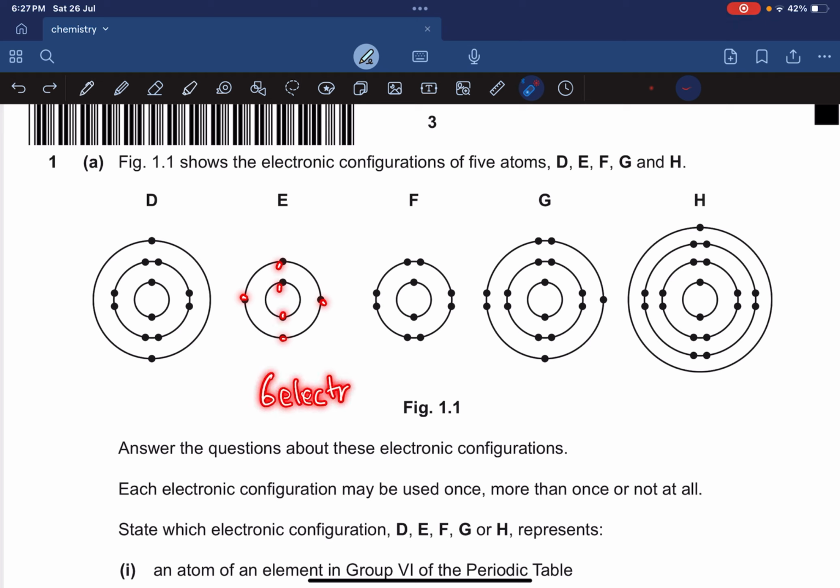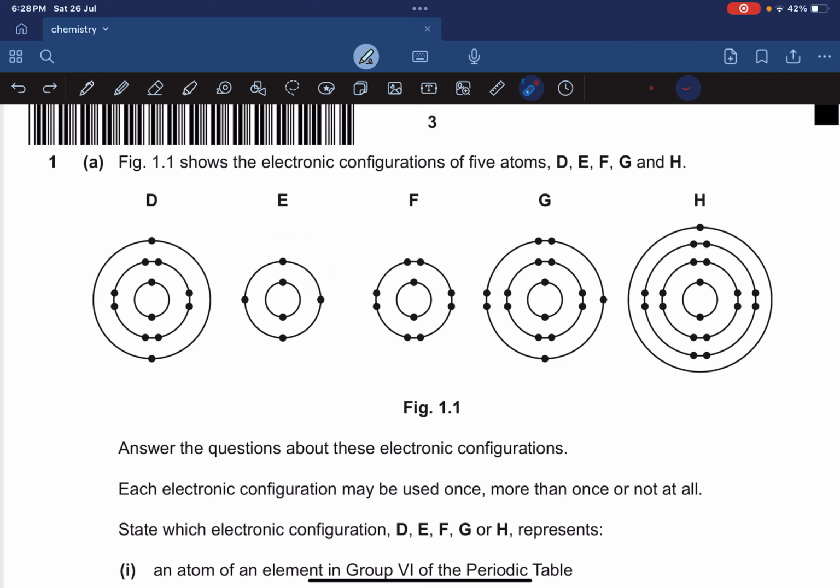I know that in a neutral atom I have the same number of protons as electrons, so I have 6 protons because this is an atom, not an ion. I go to the periodic table and check which atom has 6 protons, and that's my carbon atom. So this one right here is carbon. As simple as it looks.